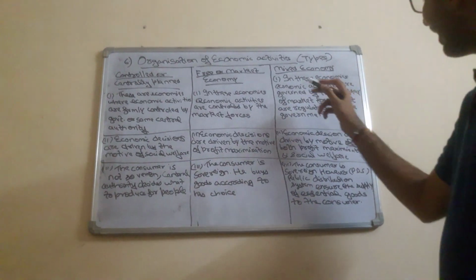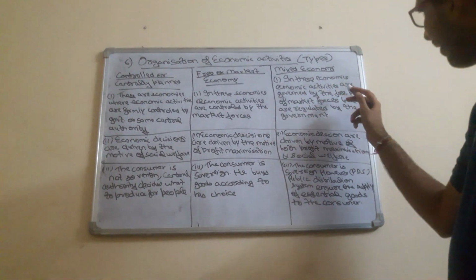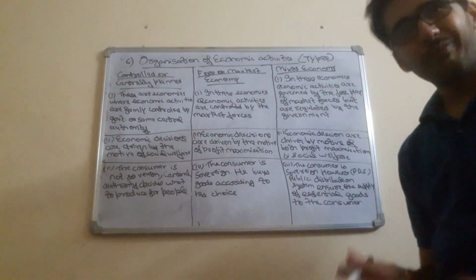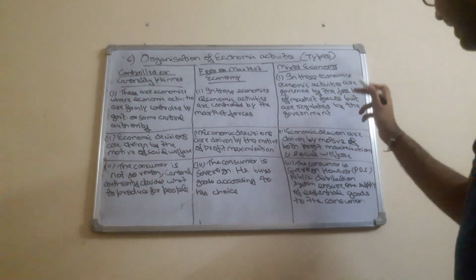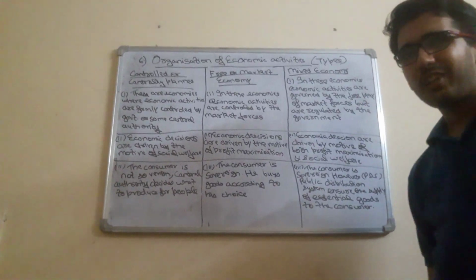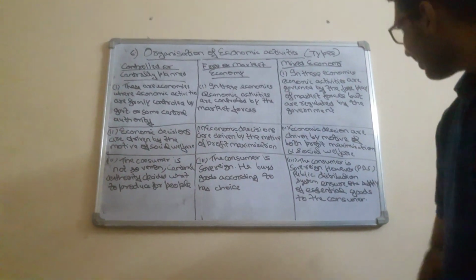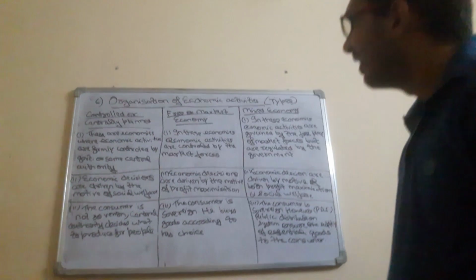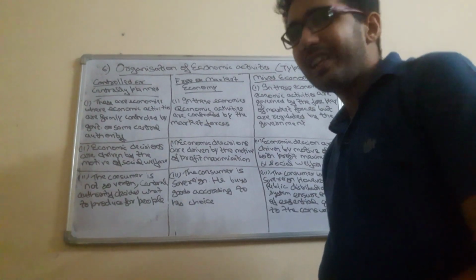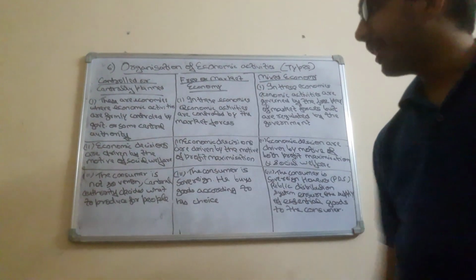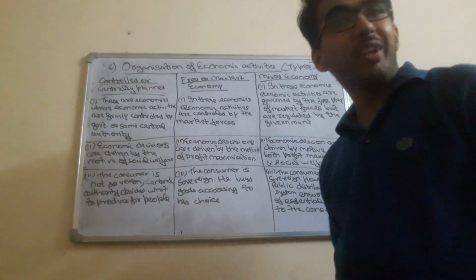In these, economic activities are governed by the free play of market forces. There is a free play of market forces of demand and supply, but are regulated by the government. The government regulated. So these are called mixed economies. So in a centrally planned economy, economic decisions are driven by the motive of social welfare. Since it is controlled by the government, so they think about social welfare first.